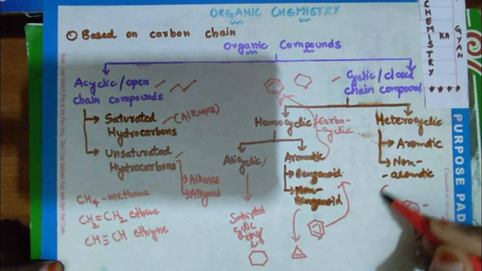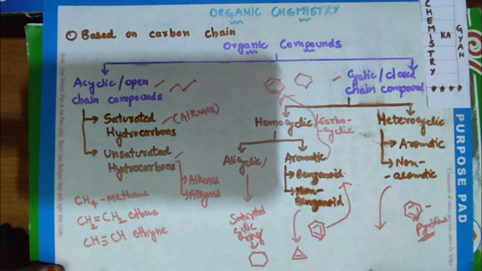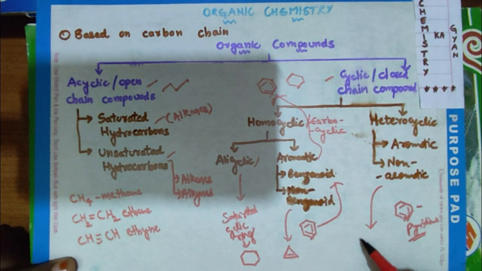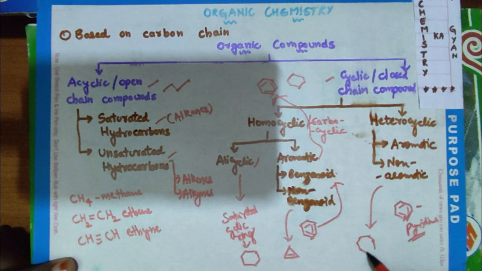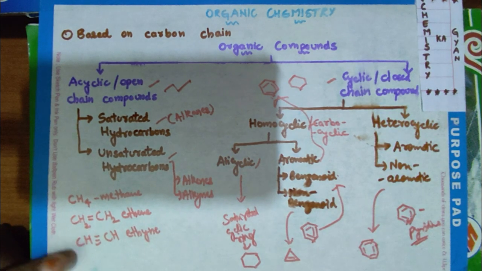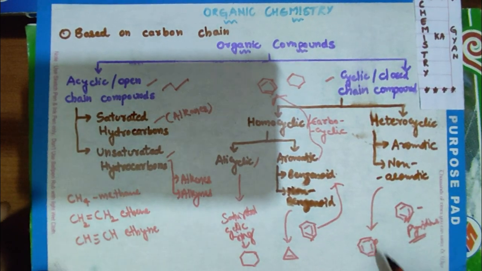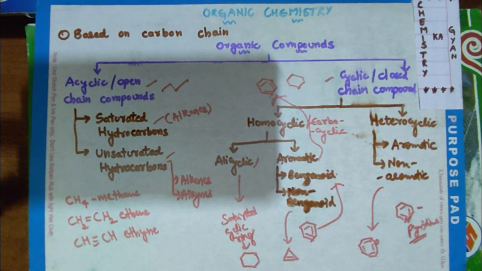A non-aromatic example would be an 8-membered ring with 4 double bonds, which would be your heterocyclic. Sorry, you could write here oxygen or nitrogen. Okay, that would be a good example of a non-aromatic heterocyclic compound.